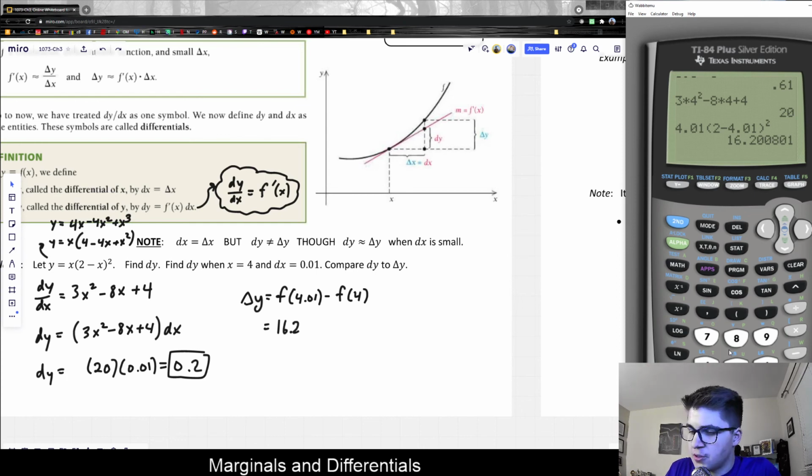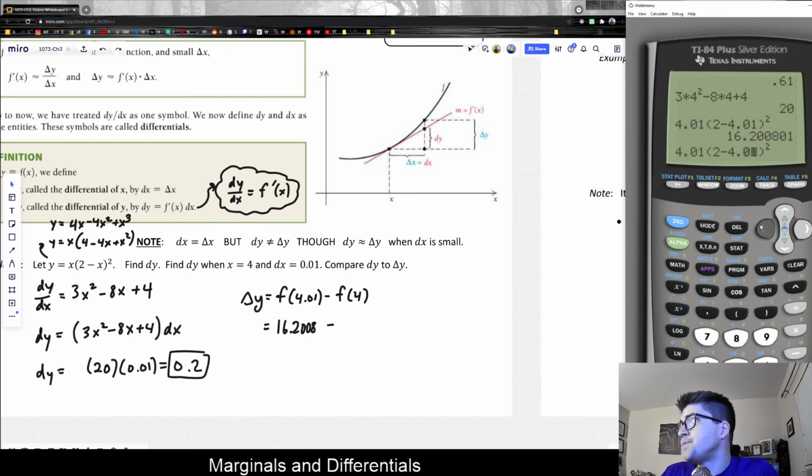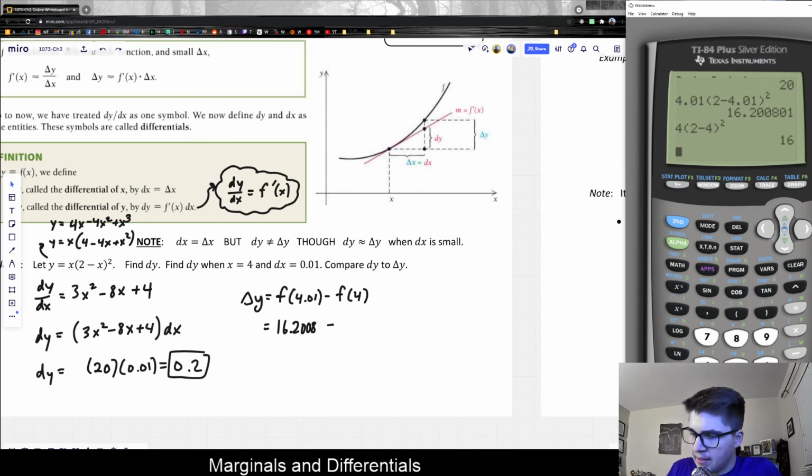I'll leave it at that because I could continue the rest of it. I'll just write 0.008. And then minus f of 4, same deal, I just want to plug in 4 only. So let's delete the 0.01, and that would give me exactly 16.